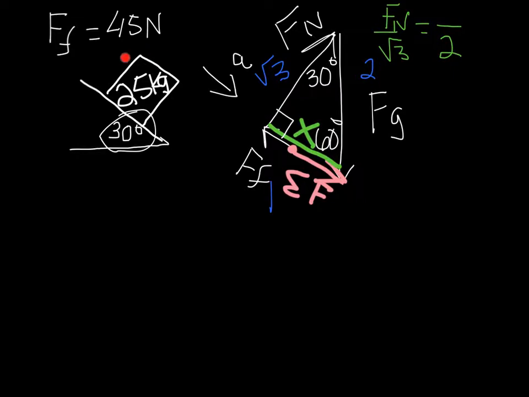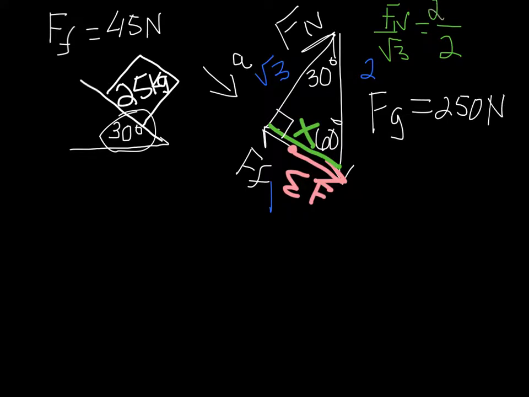Remember, you cannot convert mass into any force. However, you can calculate only gravitational force using mass. So 25 kilograms times 10 newtons per kilogram is 250 newtons. So this is 250 newtons.